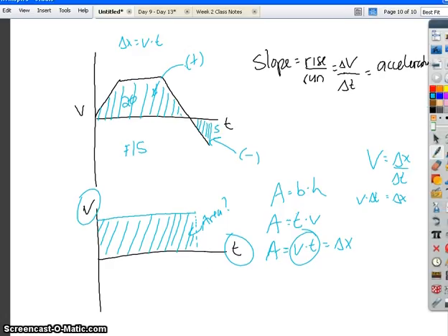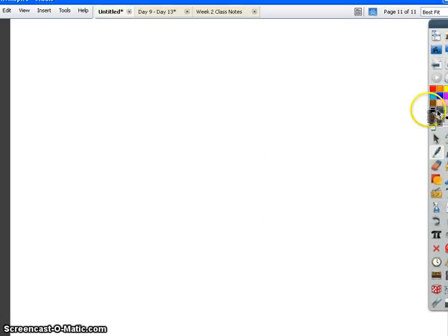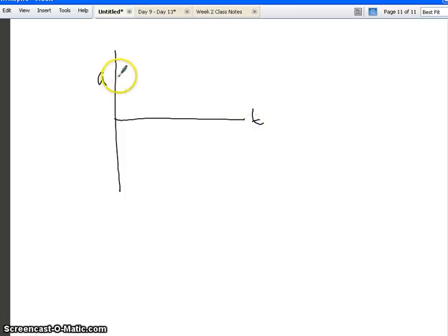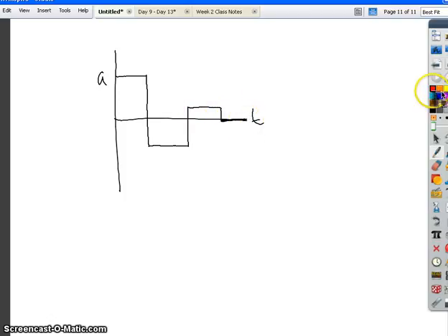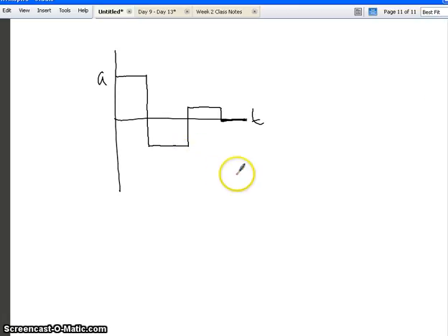And finally, if we go on to an acceleration time graph, this thing is positively accelerating, negatively accelerating, positively accelerating, zero acceleration. If we take a times t, or if we take the area of all of these things, what is that equal to?